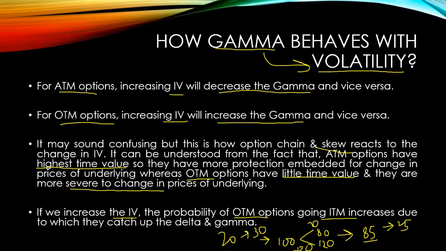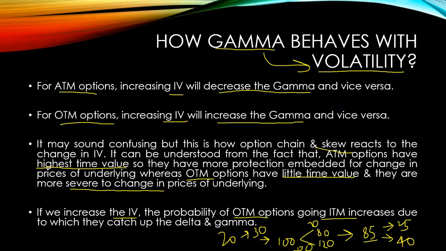Now all of you can easily guess that the probability of this out of the money option will rise and it will shoot to around 0.40.